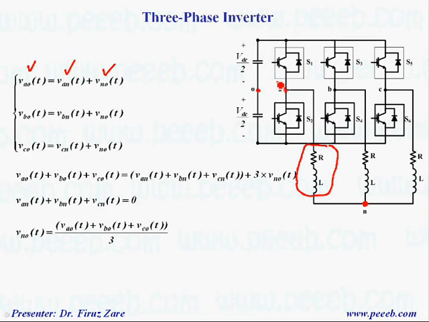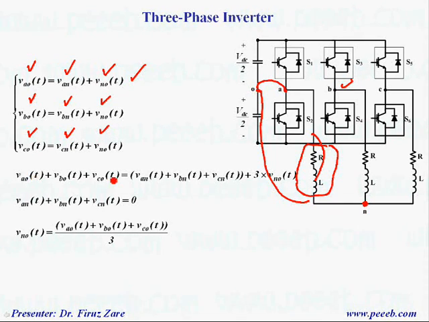So this voltage equals this voltage plus that voltage. It's the same for leg B, that means leg B equals phase B plus common mode voltage. Same for leg C, phase C plus common mode voltage.